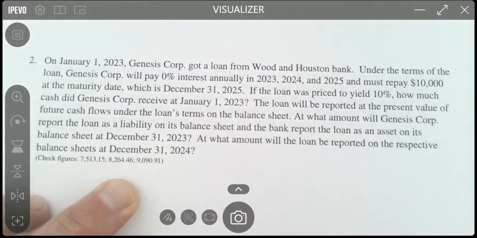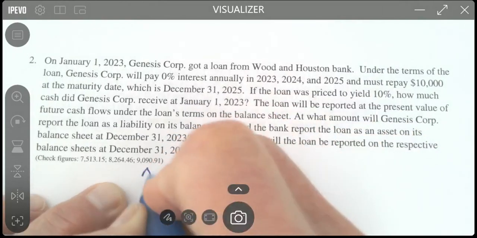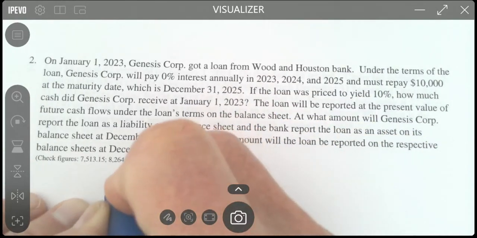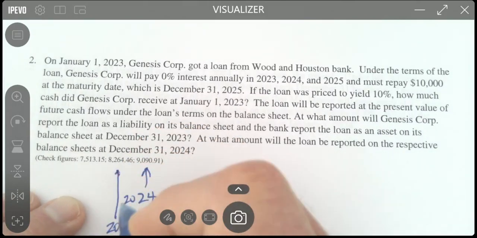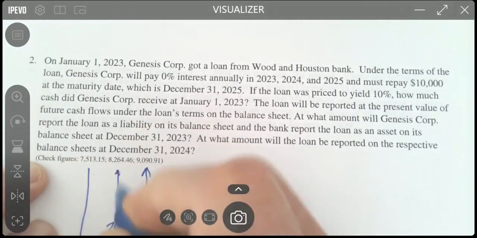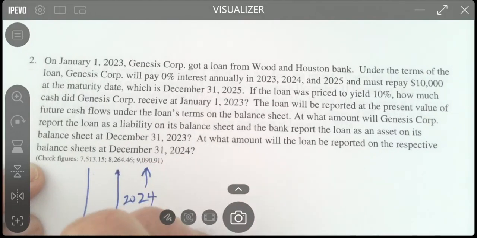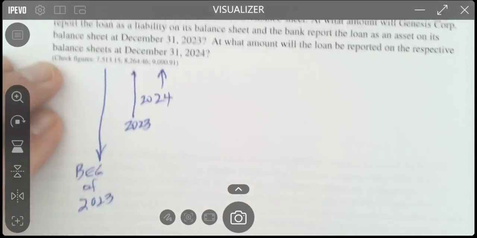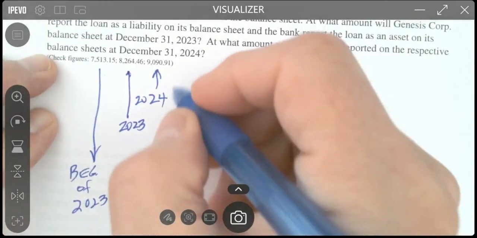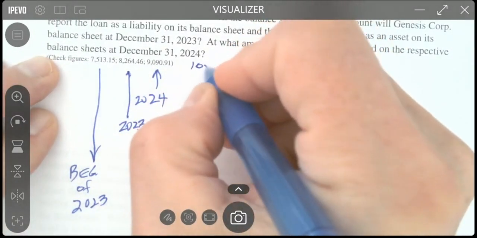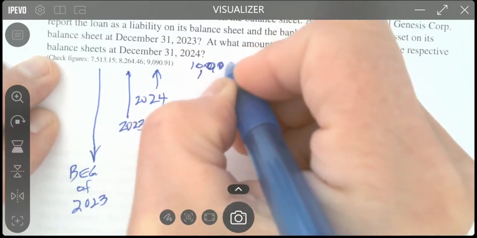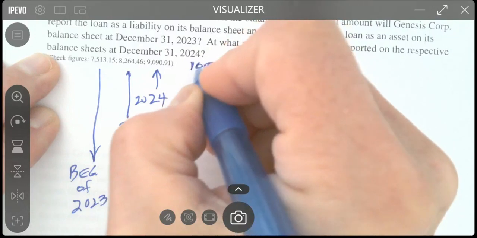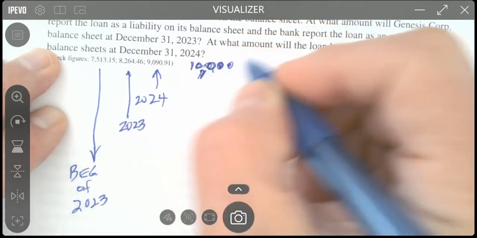This is at the beginning of 2023, this is at the end of 2023, and this is at the end of 2024. And then, of course, at the end of 2025, the present value will be 10,000, but that's the day we have to pay it back.